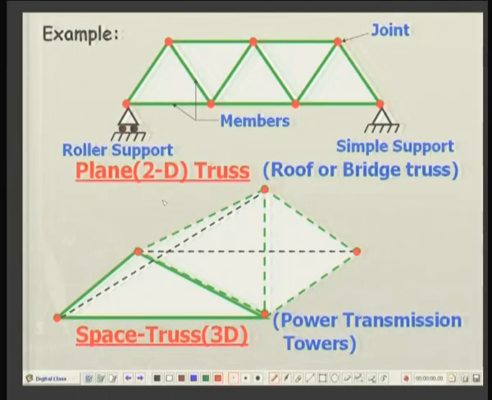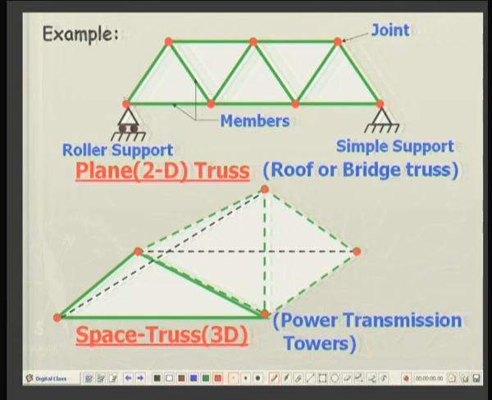The three-dimensional truss or space truss is a similar structure, but it is in all three dimensions, that is length, breadth and height, and examples of such trusses are found in power transmission towers for the distribution of electricity, etc.